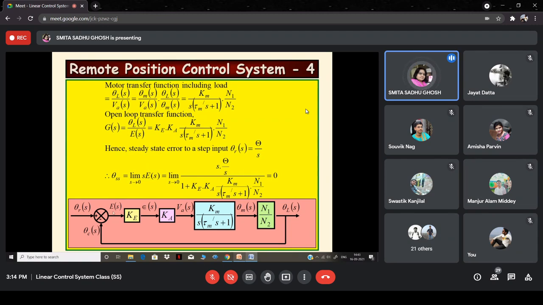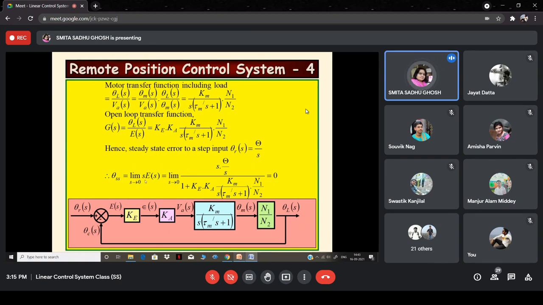So E(s) is equal to the input by 1 plus G(s), because E(s) by theta r(s) would have been equal to 1 by 1 plus G(s). Multiplying theta r(s) to both sides, you get E(s) equal to theta r(s) by 1 plus G(s). That is the basis of what we've done over here.